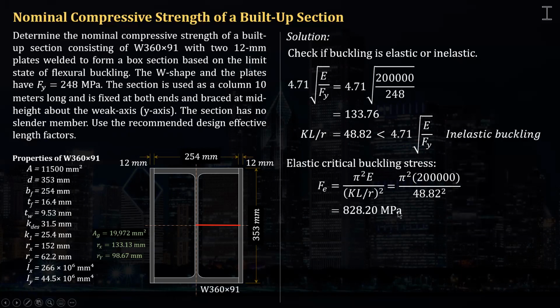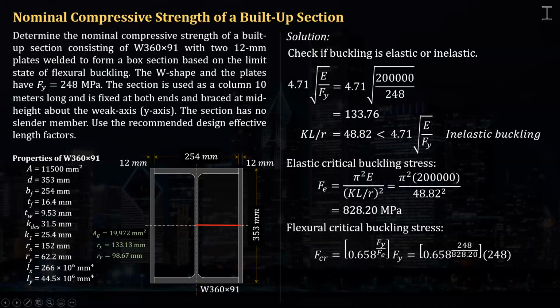Now, after that, we can calculate the flexural critical buckling stress, and that is Fcr equal to this. Again, if this value exceeds this limit, then we must not use this. Instead, we must use the elastic buckling stress that is equal to 0.877 of Fe. But since this is an inelastic buckling, then we're gonna use this. Okay?